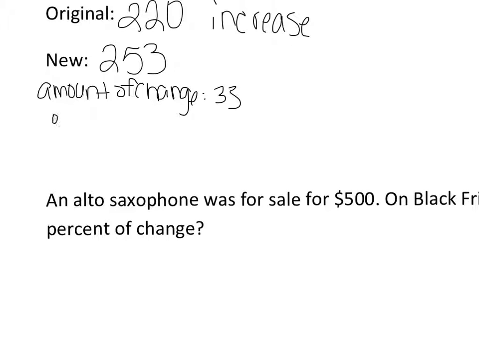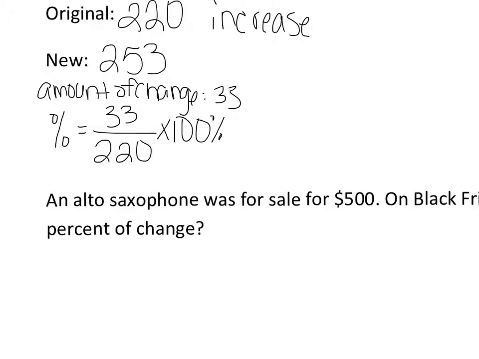To find the percent of change, you are going to put that amount of change over the original. It's very, very important. You have to put the original in the denominator. So in this case, I'm going to put 220 in my denominator. Whatever that is, I'm going to multiply it by 100%, or move the decimal 2 places to the right because I want a percent, not a decimal.